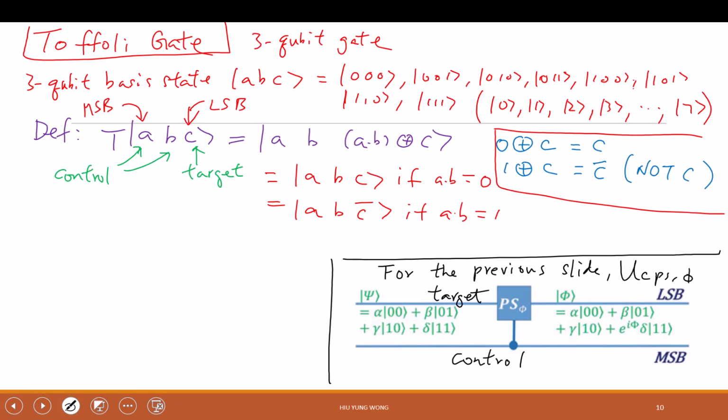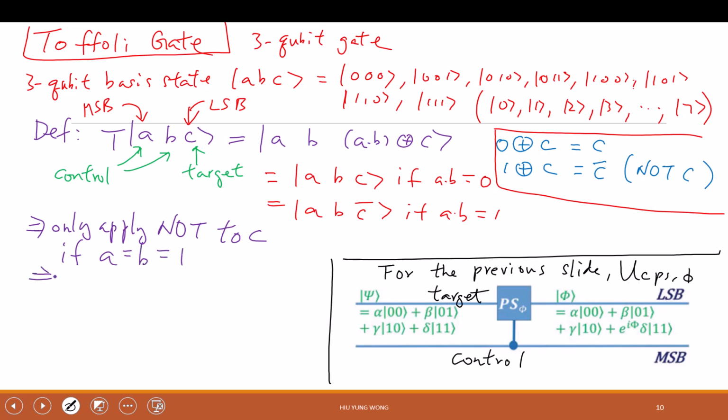Very good. So this is also called, let me say, so only apply NOT to C if A equals B equals 1.